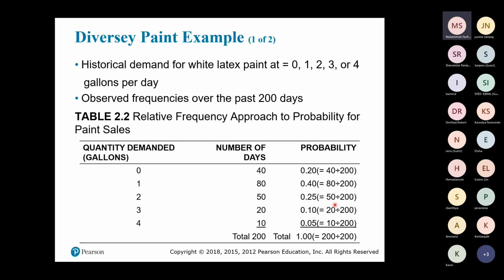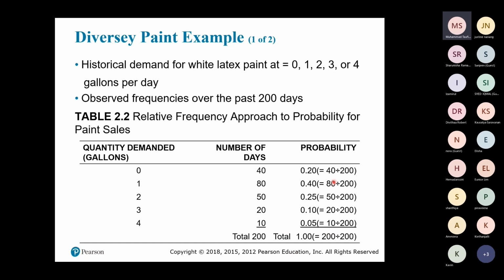Then we do all the probabilities. For 2 gallons, you get 0.25. For 3 gallons, it's 10%. And lastly, for 4 gallons, 0.05 or 5%.